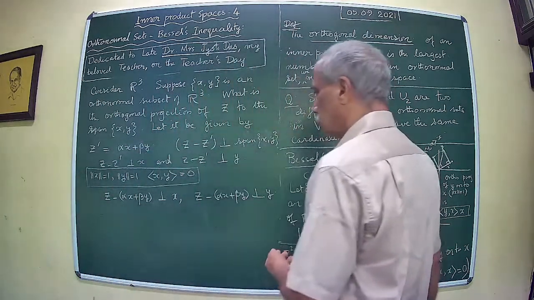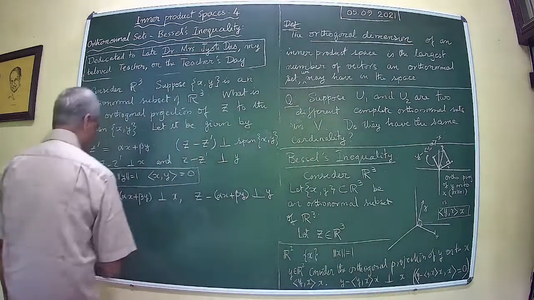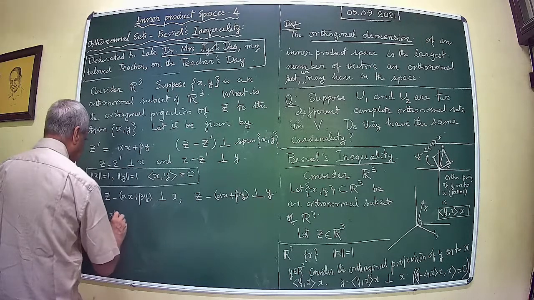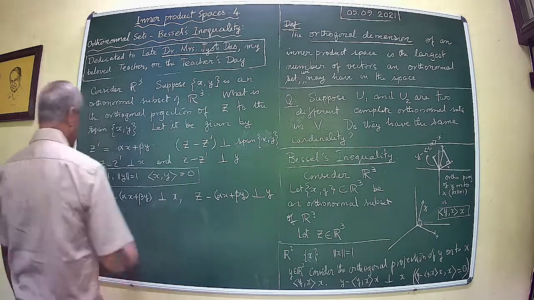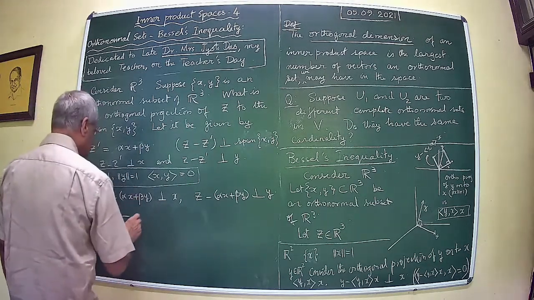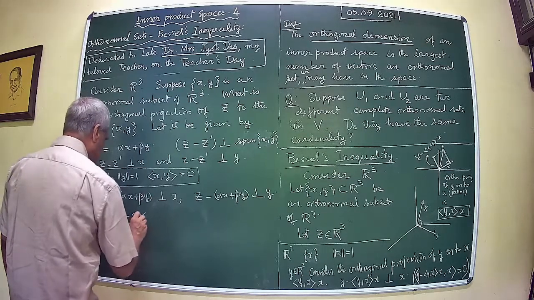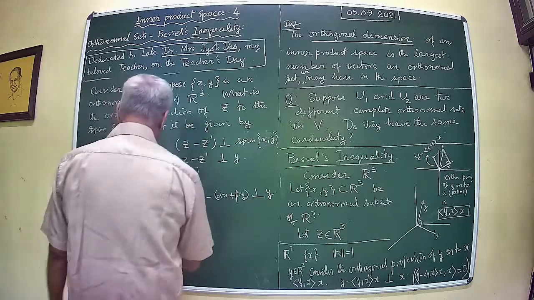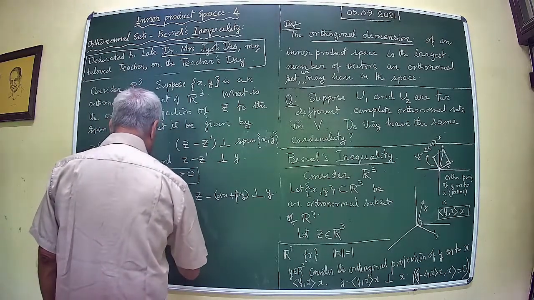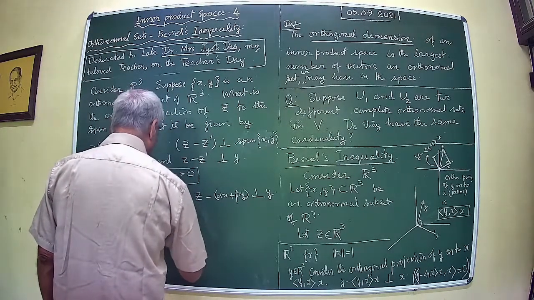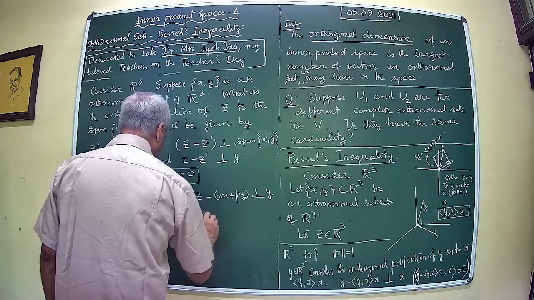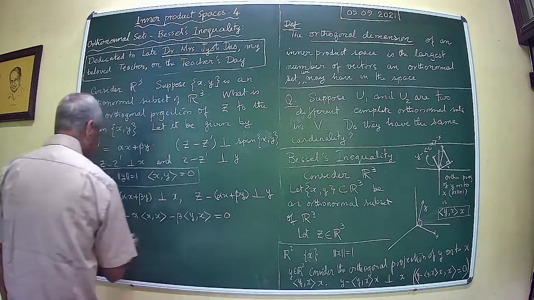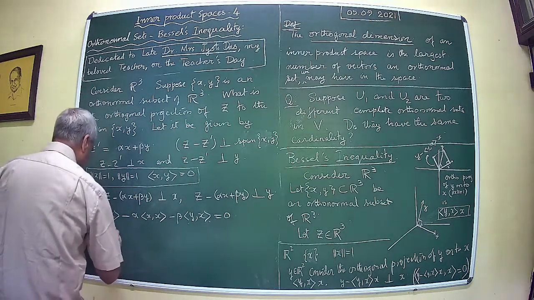So let us do that. You have z inner product with x minus alpha into inner product of x with x, but the cross term is 0, that is alpha is equal to inner product of z with x.